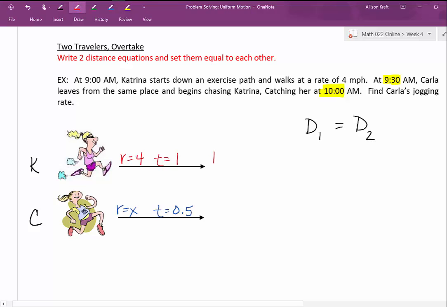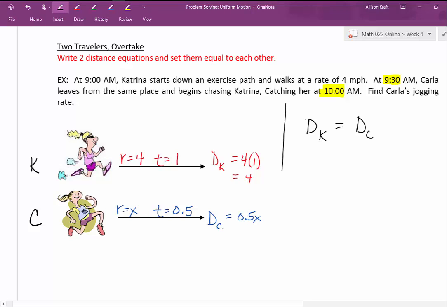The distance of our first jogger, Katrina, is going to be the rate times time. It's 4 times 1, or just 4. The distance traveled by Katrina is 4. Carla, her distance, rate times time, is going to be 0.5x.